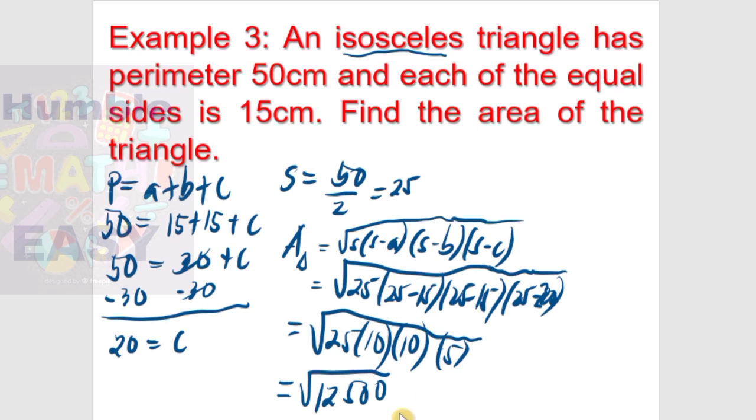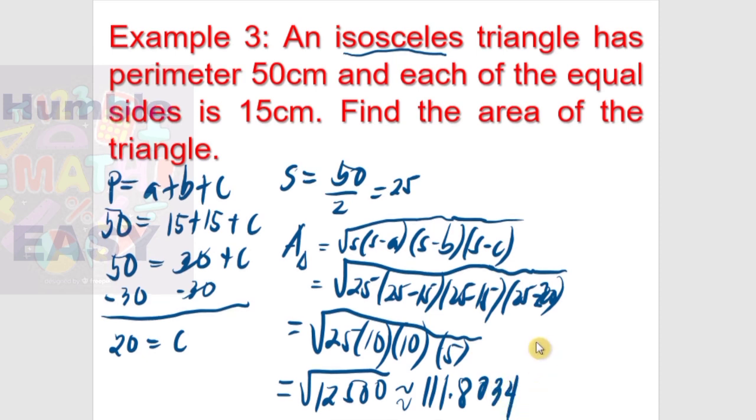We have approximately 111.8034. So we are going to round off to the nearest hundredths, and we now say that this is 111.80 cm squared as the area of the triangle.